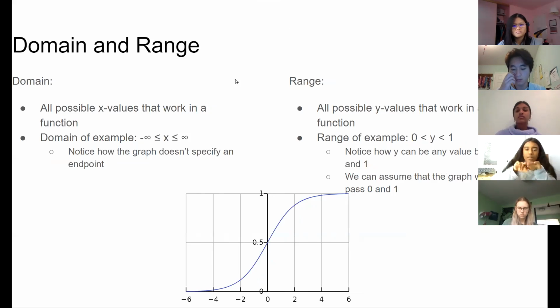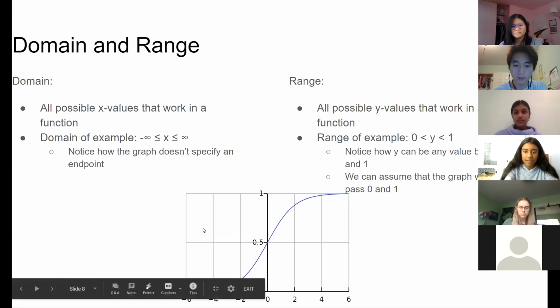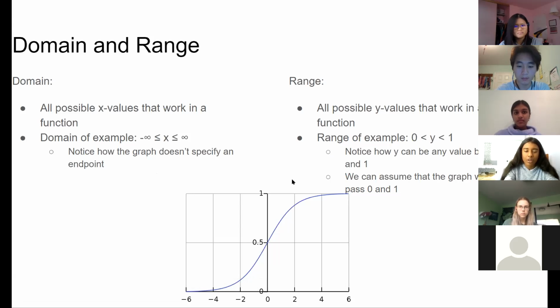They can go really, really close to the line, but they'll never cross. So it'll always be smaller than those numbers. The y values for this entire function will be any value between 0 and 1, so we can assume that the graph will never pass 0 and 1.